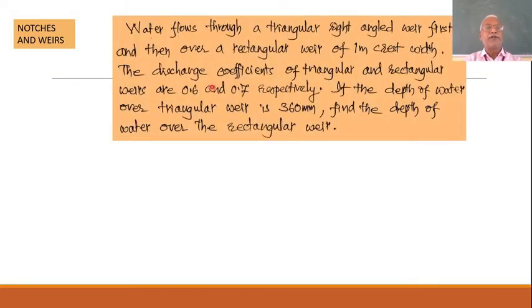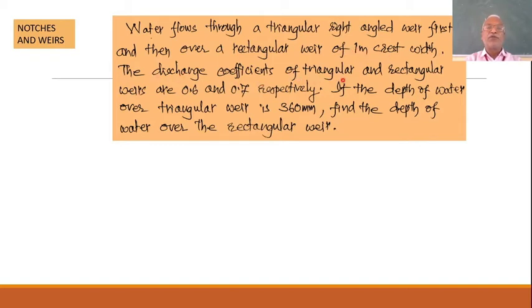We'll solve a small problem wherein water flows first through a right angled triangular notch, and then over a rectangular weir of 1 meter crest width. That is, the length of the crest is 1 meter.